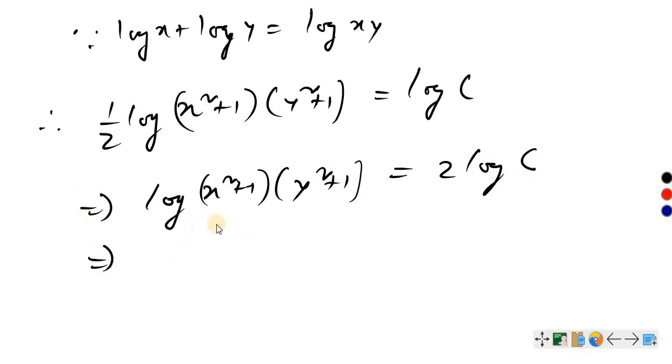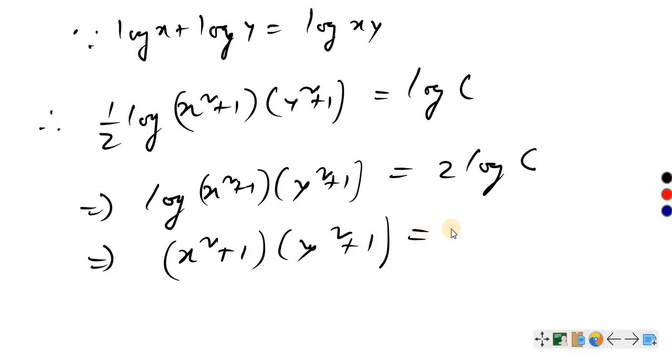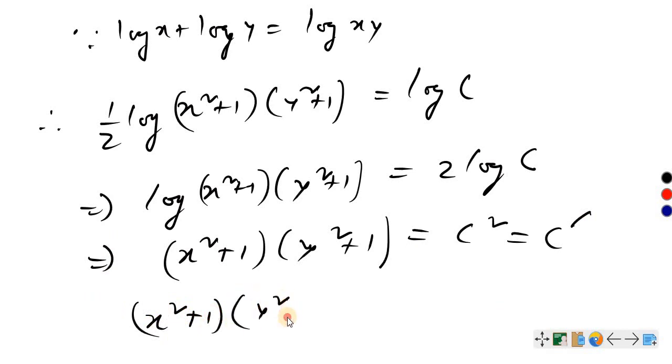If we remove log from both sides, we can write it in this form: (x² + 1)(y² + 1) equals c², or some other constant c dash. So this is the final answer. Let me write the final answer again: (x² + 1)(y² + 1) = c'. So this is our answer.